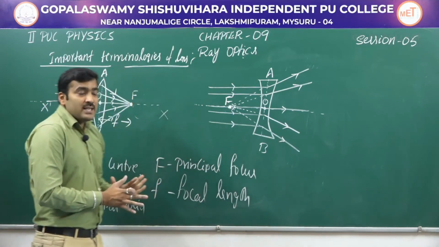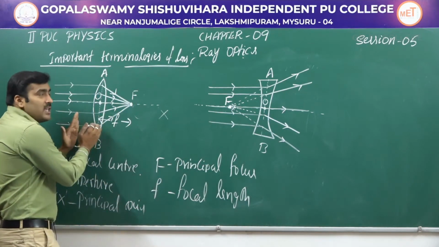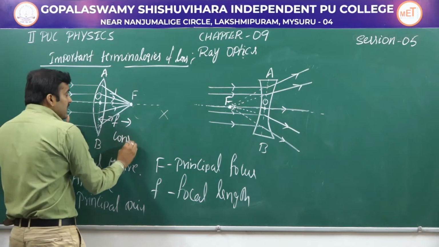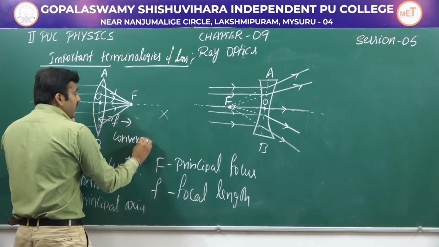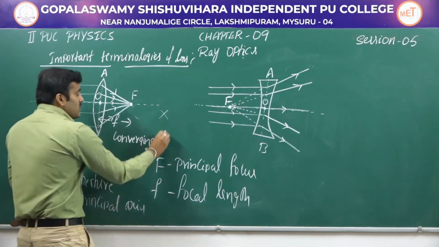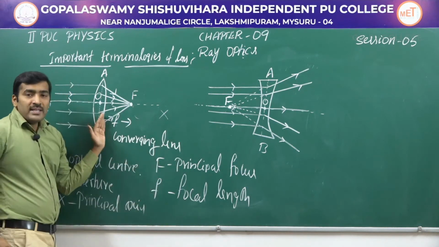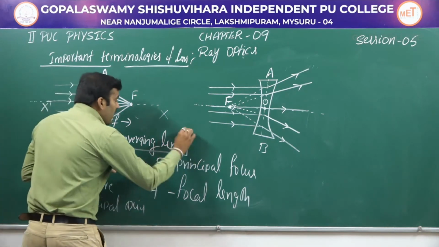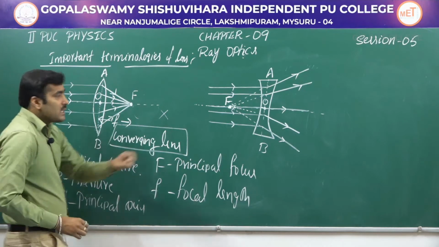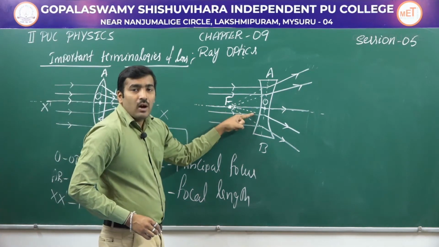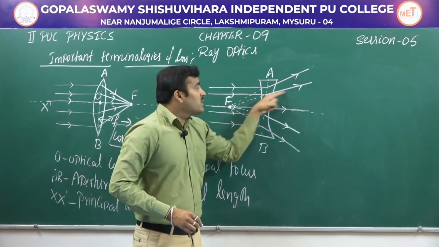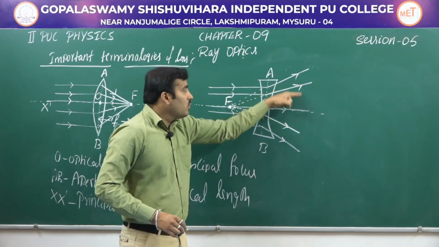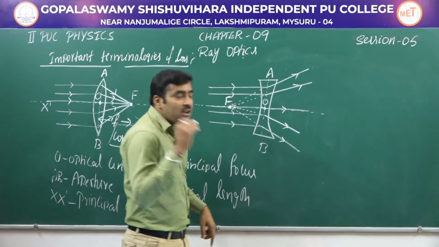For this reason, a convex lens is called a converging lens because it converges the incident beam of light. And a concave lens diverges the incident beam of light, so this lens is called a diverging lens.